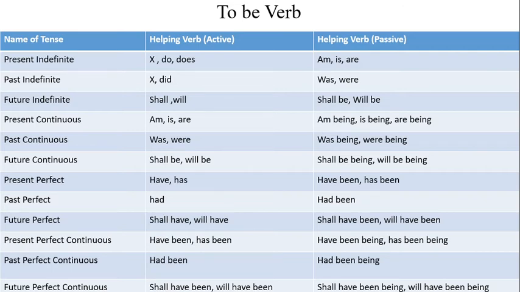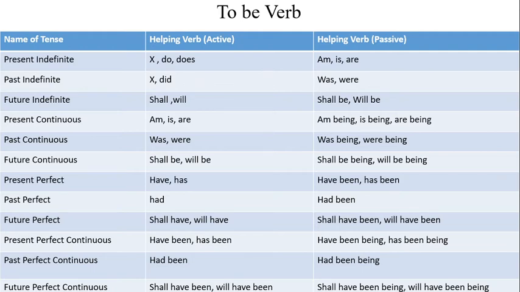In past perfect tense, had been plus past participle form of verb is used in passive voice. Shall have been/will have been plus past participle form of verb will be used in the passive voice of future perfect tense.